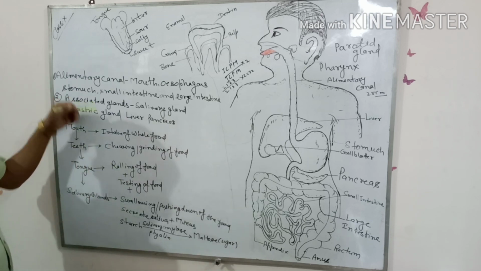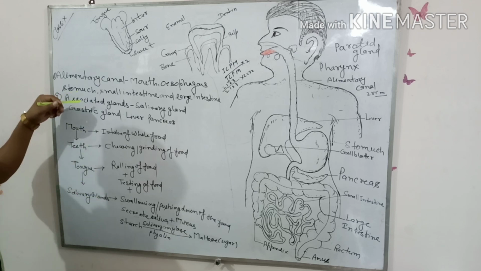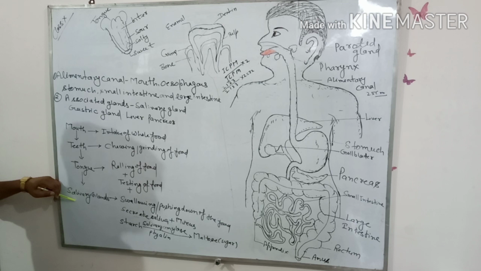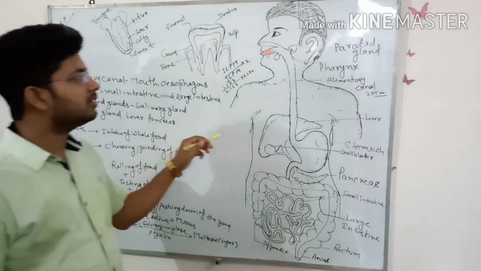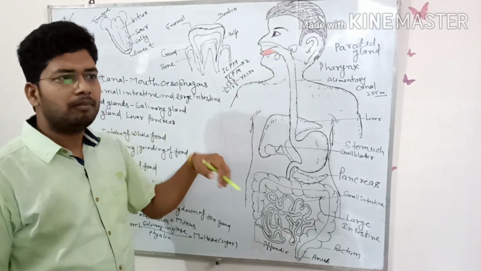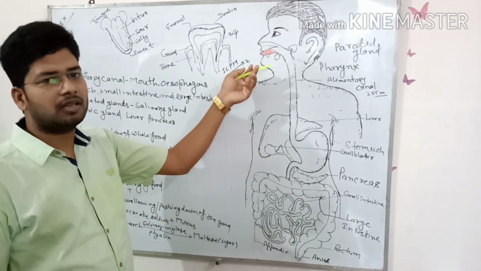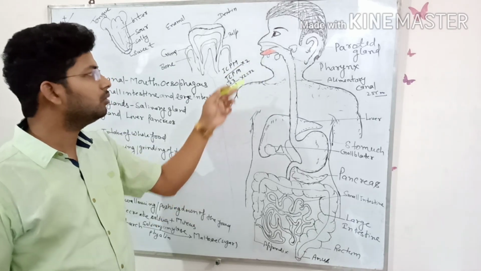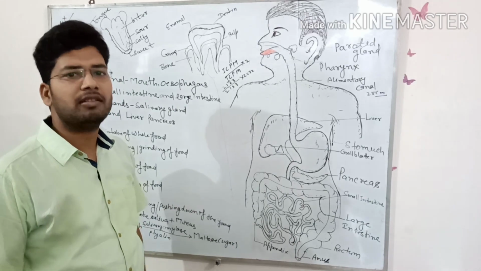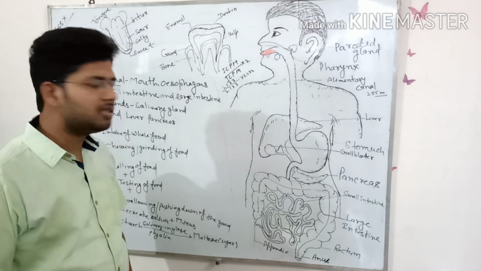Okay. Next, let's discuss the flow chart of the process of digestion: mouth, teeth, tongue and salivary gland. Because you well know the process of digestion starts in our buccal cavity, which you can also call the mouth. Inside the mouth, the tongue, teeth, cheek and salivary gland secrete saliva or salivary amylase.